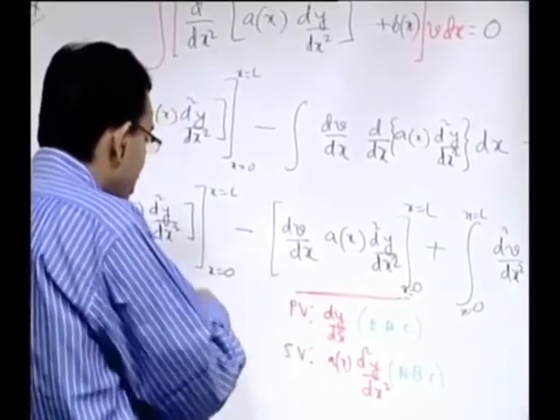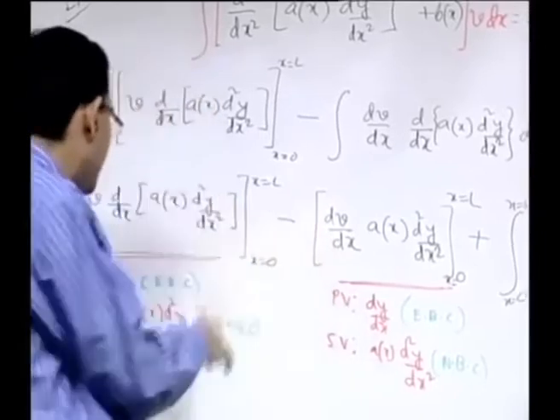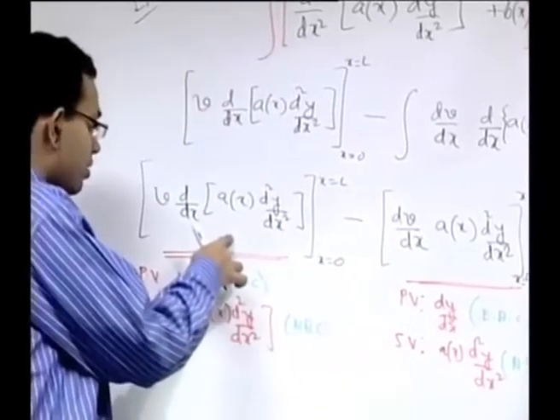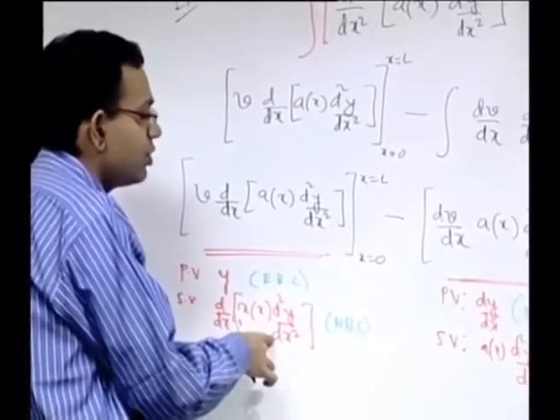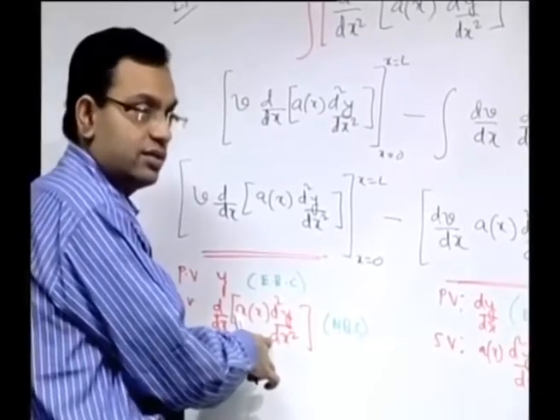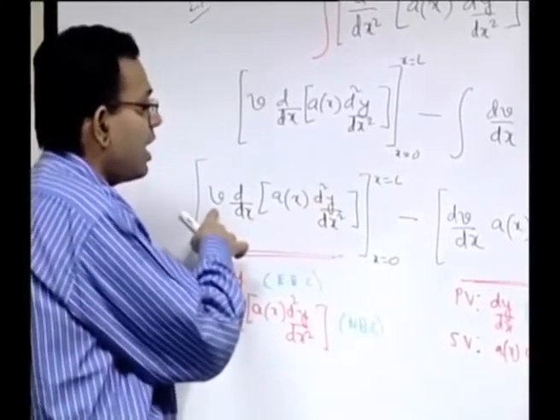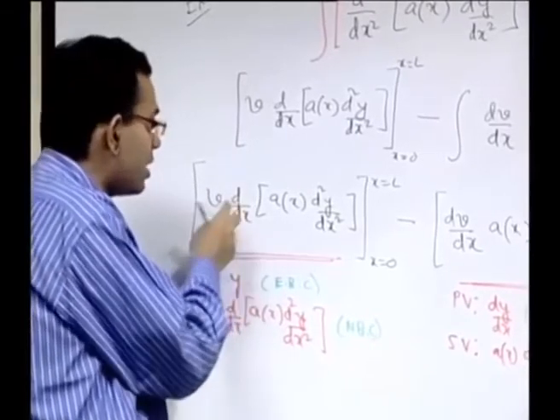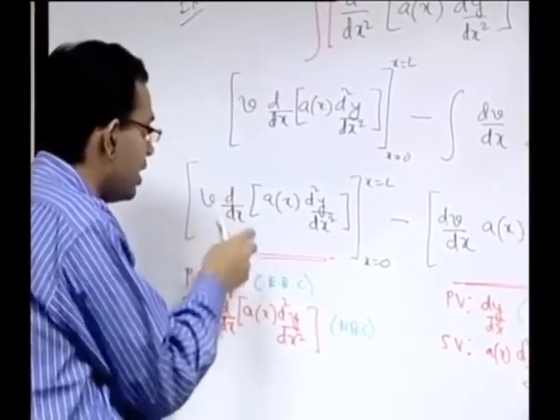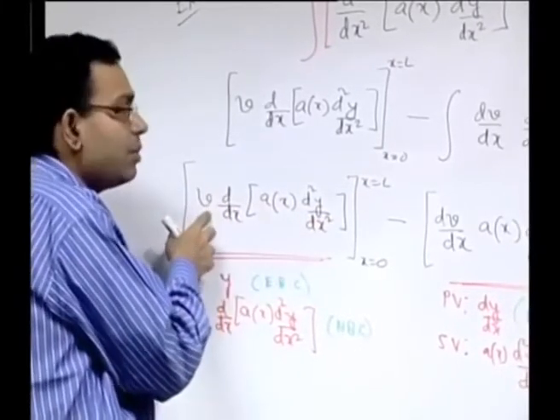So there will be some term that will remain after substituting the boundary condition. For example, let us say that at x equal to L you have d dx of a d2y dx2 equal to some value 1 in some units. So it will become v at x equal to L. That is not 0 because you cannot simultaneously specify v and this one. So v in the boundary will remain.